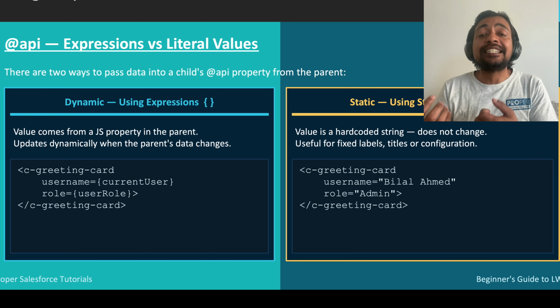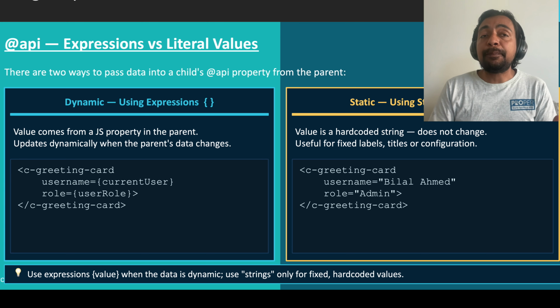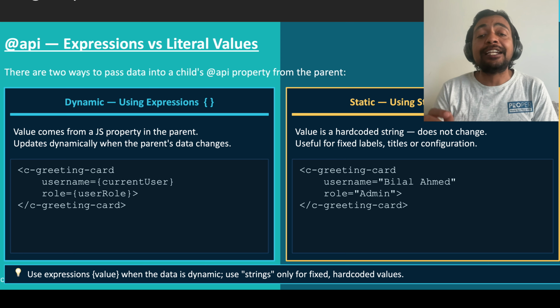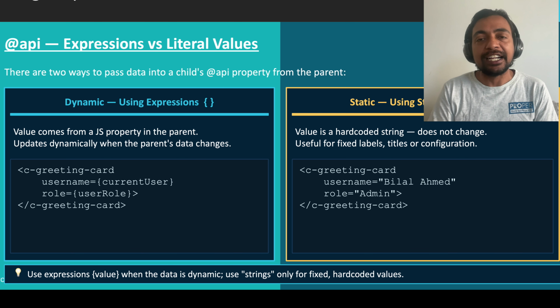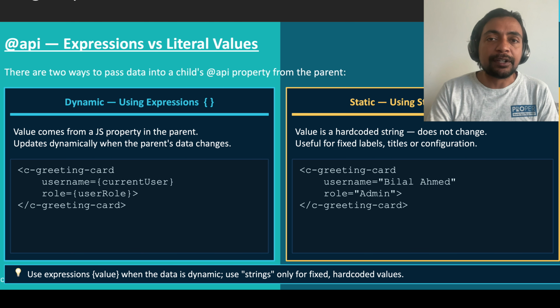But if we are using static, it will be literal, constant, and fixed. Now, a tip over here: use expression values when the data is dynamic and use string only when it is fixed. In real life use cases, there are very rare cases where we provide literal values, but yes, there are cases where we do that. Generally, we use dynamic ones.